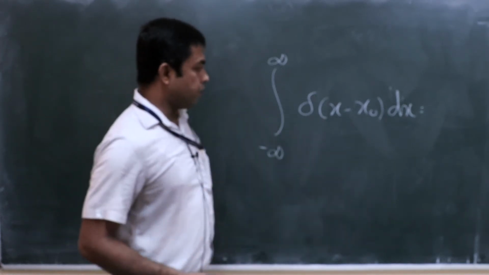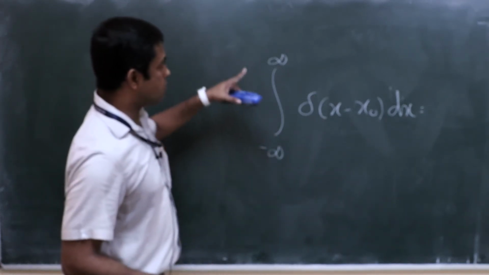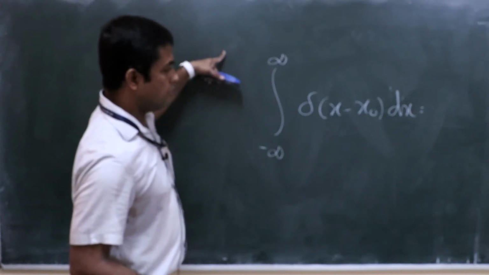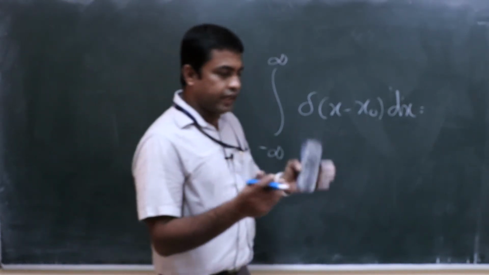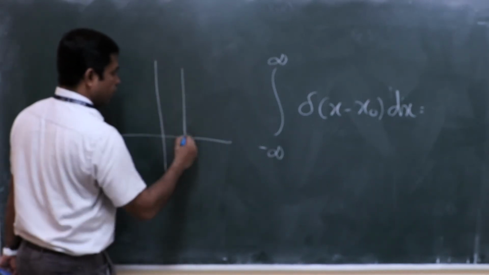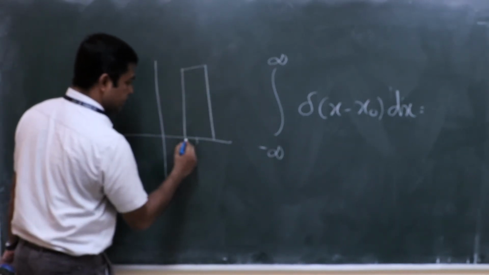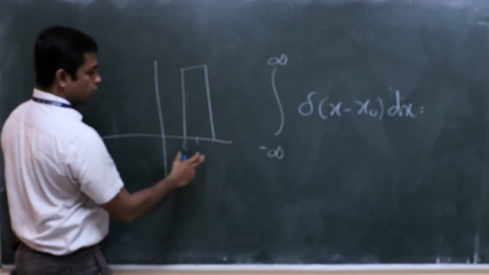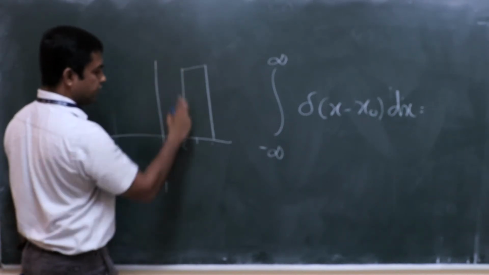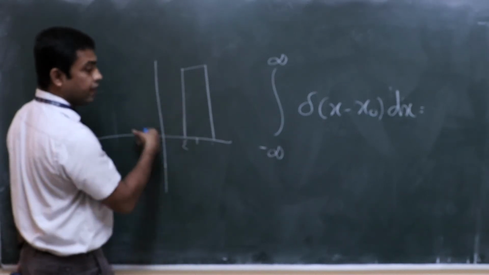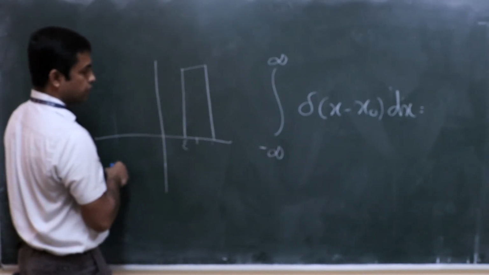This is 1, because you already saw that in the box function, when you decrease epsilon, the height keeps on increasing, but the height times the width will always be the area of this function.